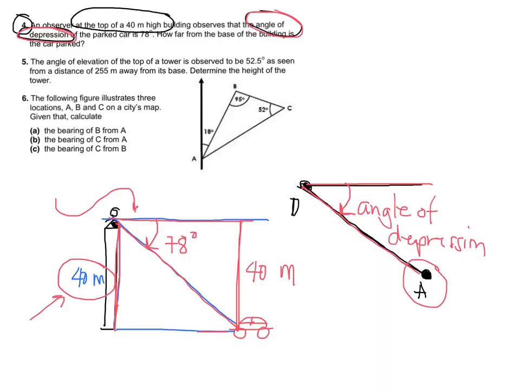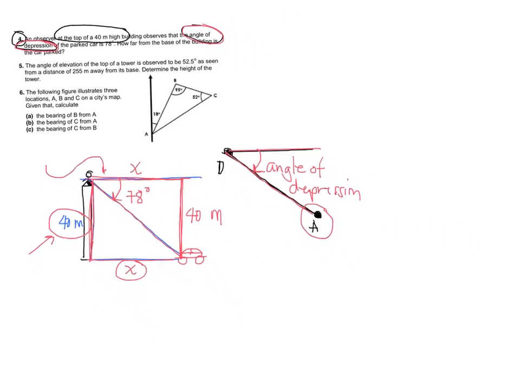So we want to find this. Let this be x. Since this is a rectangle, this side x must be equal to this side, so this is also x.